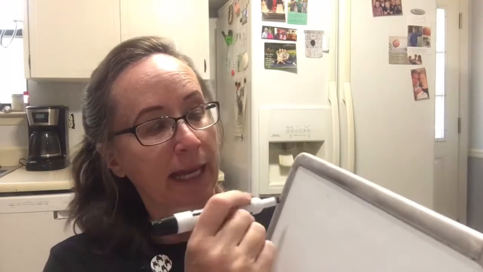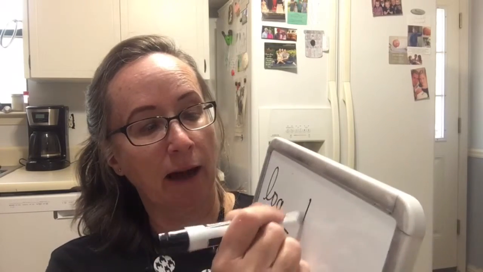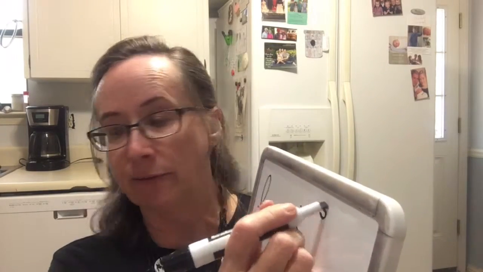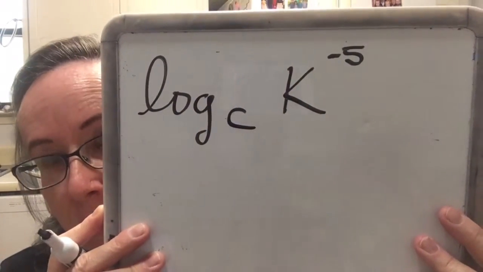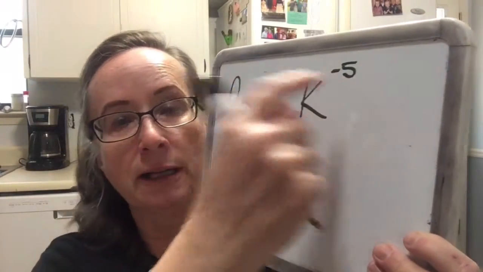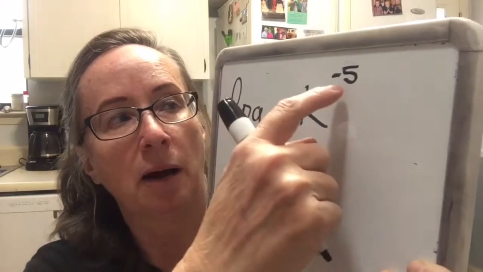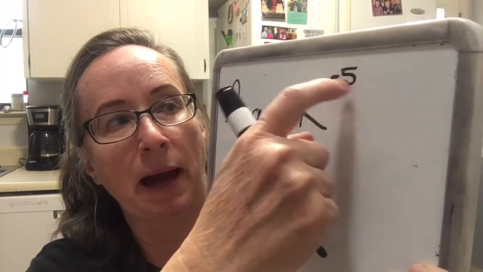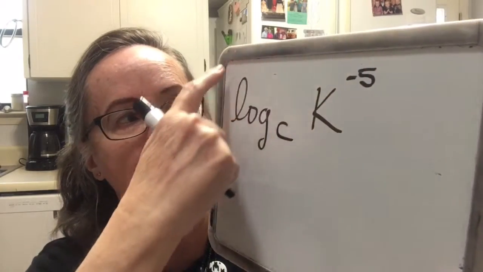Okay, so the next thing that we're doing, I've got a tickle in my throat, sorry about that, is we have log base c of k to the negative 5. Now we're going to use the power rule, which basically says that when we have a logarithm and the argument is raised to a power, we're able to take the power on the argument over here to the front.